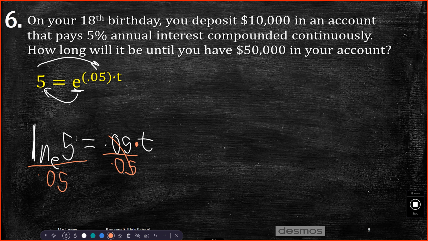There's nothing else but e. I'm going to even erase this. So all you have to put in the calculator is ln 5 divided by 0.05. That gives you the answer. Get a calculator. The third button down, ln 5 divided by 0.05. And the answer is what? Approximately.